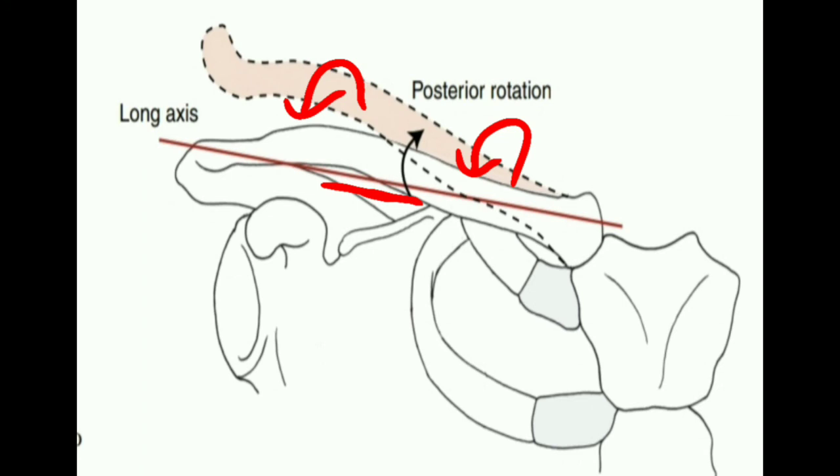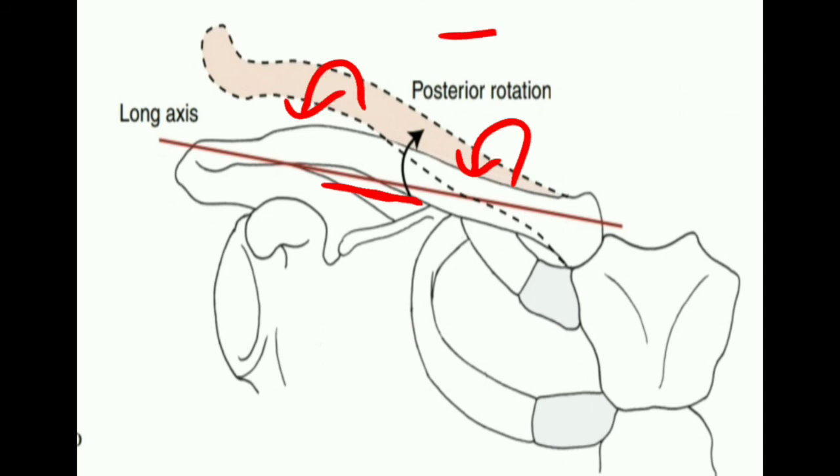The posterior rotation means when the inferior part of the clavicle is coming anteriorly. That is known as posterior rotation. But in anterior rotation, now we are in the posterior rotated position, and this posterior rotated position will come to the neutral position. That is known as the anterior rotation.